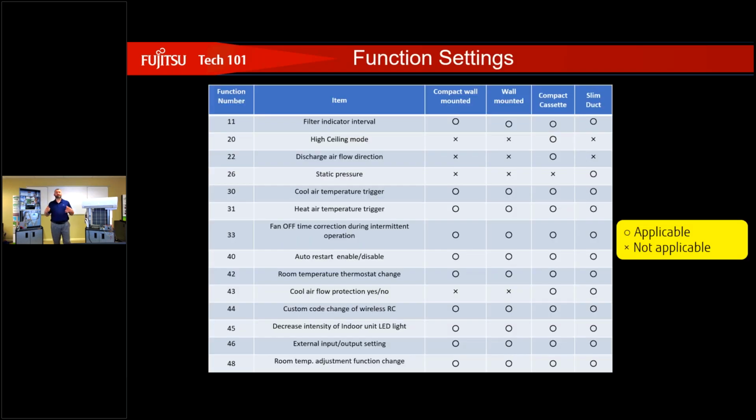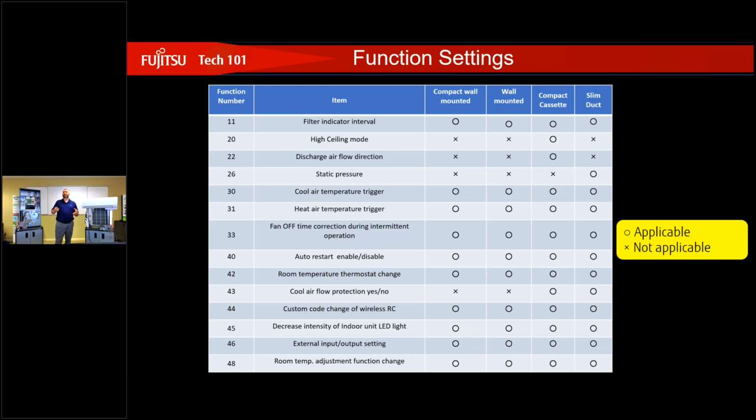Getting to function settings, there's a whole bunch of different ones that we use to customize the install for what the end user is going to need it to be. So filter interval indicator, one of the common ones that we use if we wanted to make it a long interval, a short interval, whatever it may be.